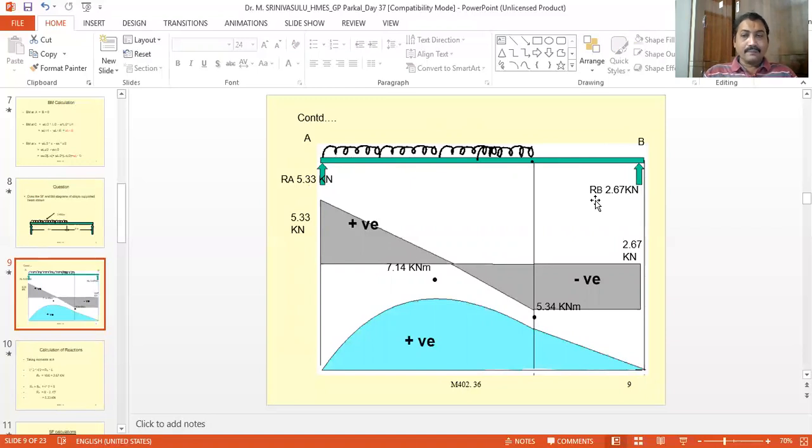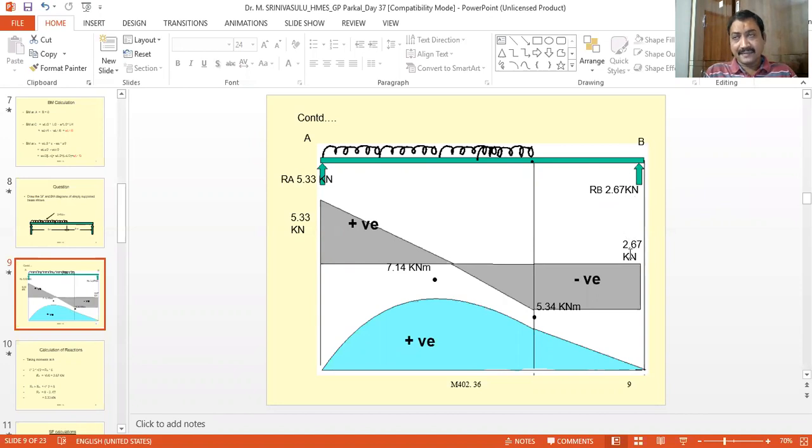Now, the next thing is to find out the shear forces acting at the different points. Now coming to the shear force at point B. If you consider a section here, to the right of the section, RB is acting upwards.